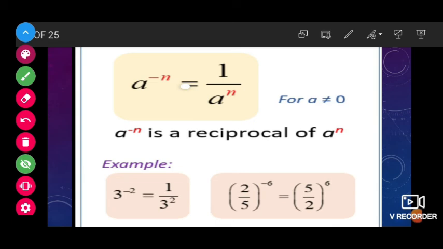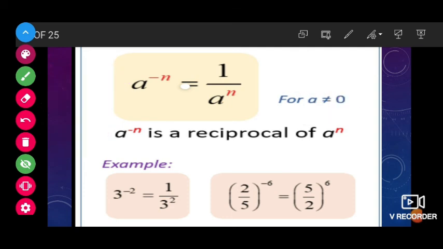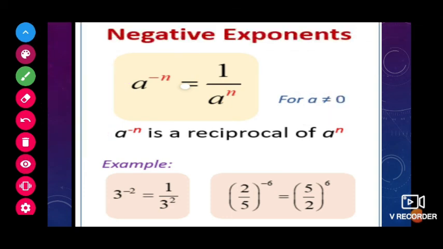I'll show you. See, a by b whole to the power minus n means this minus n is applicable for both a and b. So it is a to the power minus n by b to the power minus n.